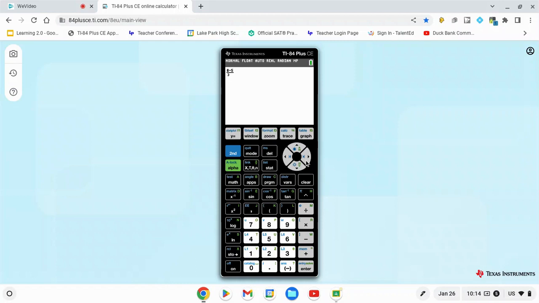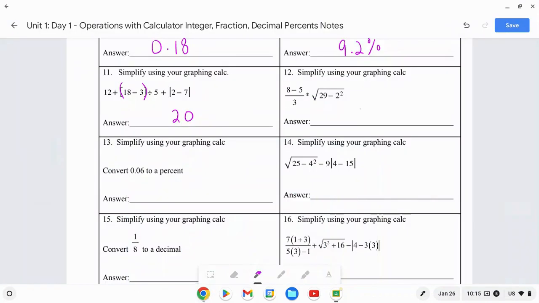To get out of the fraction, you have to hit the right-hand arrow, and then we're going to multiply that by a square root. So to get the square root again, you hit the second and then the x squared button. And then 29 minus 2. And then if I want to raise that to the second power, I'm just going to hit the x squared button. And then I can hit equals. That equals 5. So number 12 would be equal to 5.